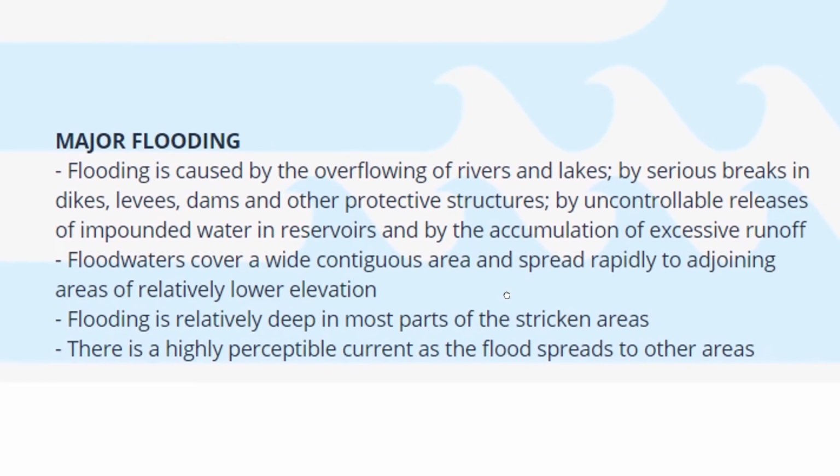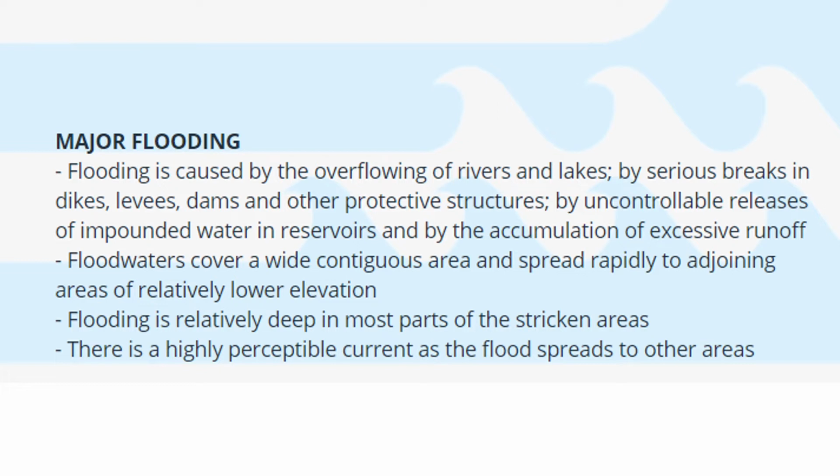A major flooding is caused by the overflowing of rivers and lakes, by serious breaks in dikes, levees, dams, and other protective structures, by uncontrollable releases of impounded water in reservoirs, and by the accumulation of excessive runoff.